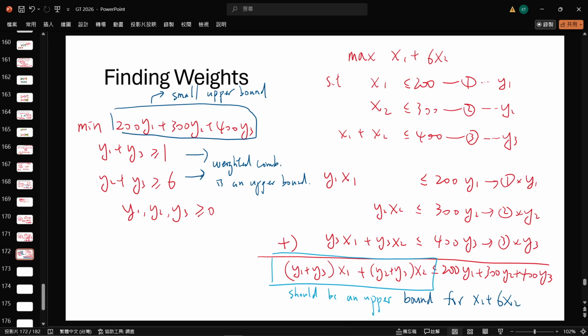It has something to do with the sign here. So in the original problem, this is a less than or equal to sign. And the reason that we can keep this less than or equal to sign is because the weight we apply to both sides is a positive weight. If it's a negative number, then we should change the sign from less than or equal to, to greater than or equal to. So we have to flip the sign here if the weight is negative.